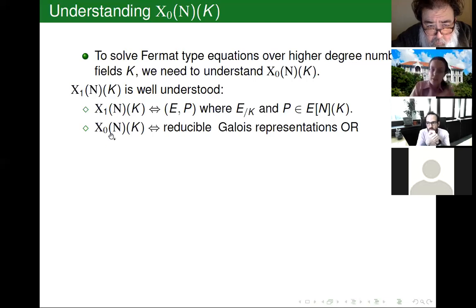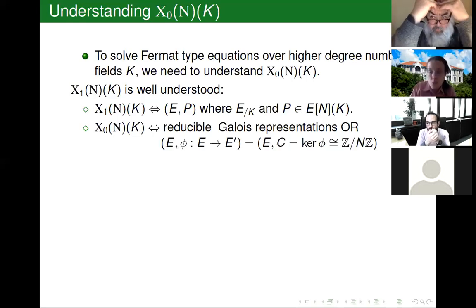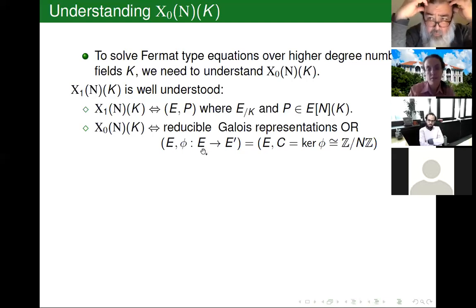X_0(n), as we have discussed before, parameterizes reducible Galois representations, or in the language of elliptic curves and torsion groups, it parameterizes an elliptic curve and a subgroup C which is isomorphic to Z mod nZ. That's one way of saying it. Or it parameterizes elliptic curves E with an n-cyclic isogeny.